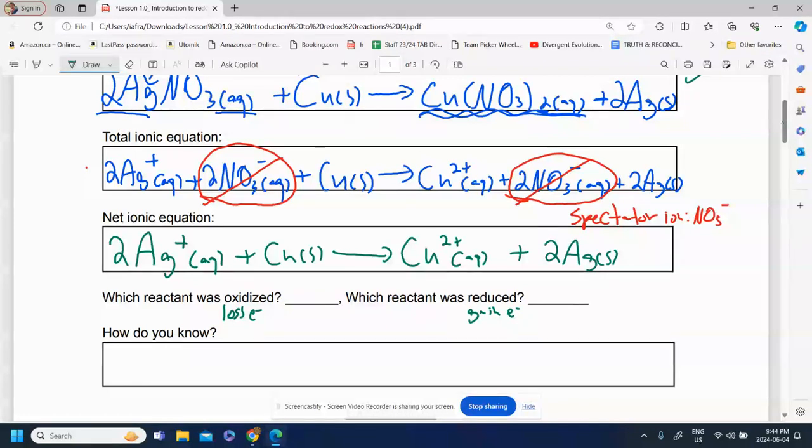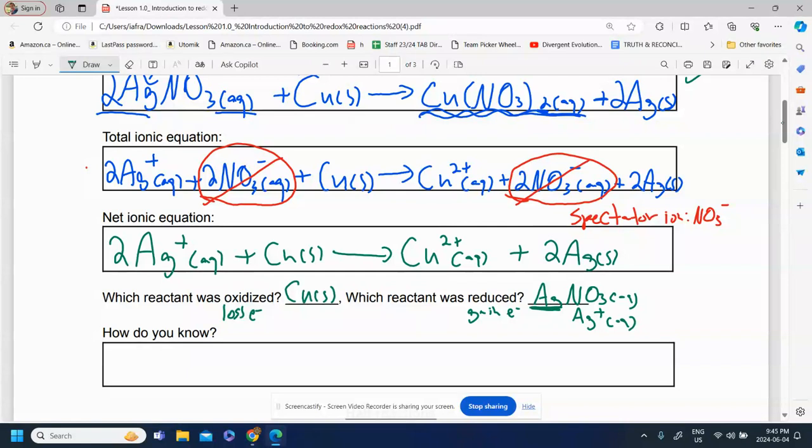If we look carefully, it looks like the copper was oxidized. And what was reduced was the AgNO3, but specifically the Ag in there. In other words, the Ag+ aqueous.